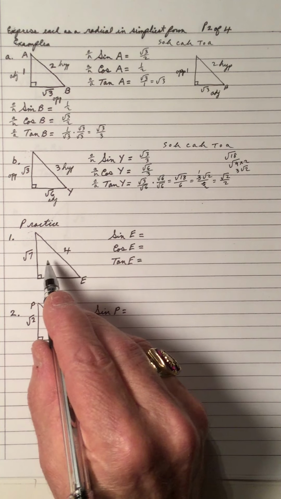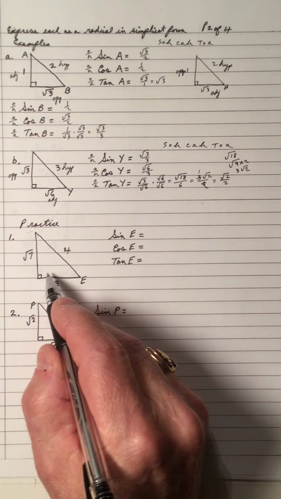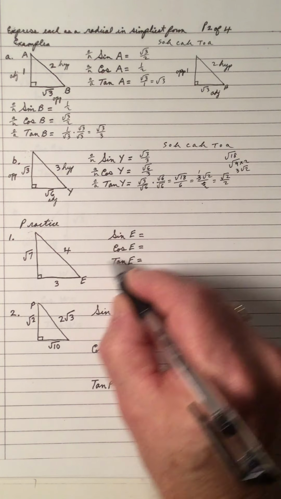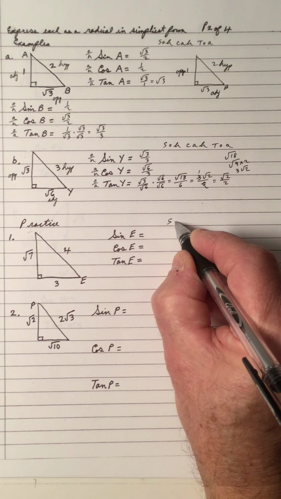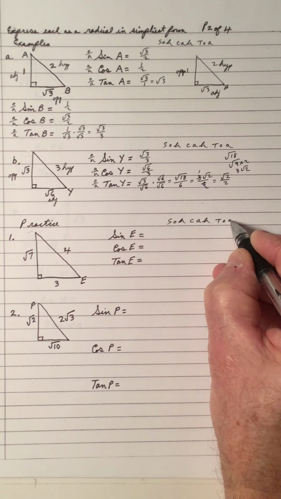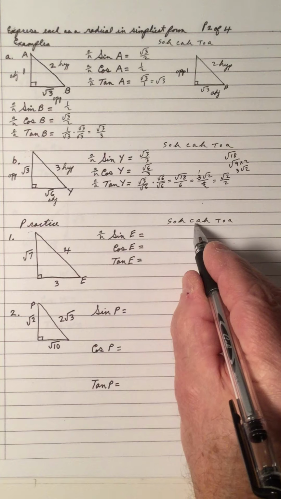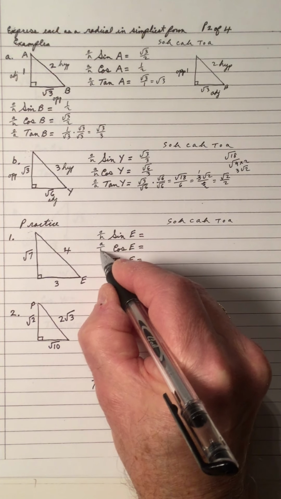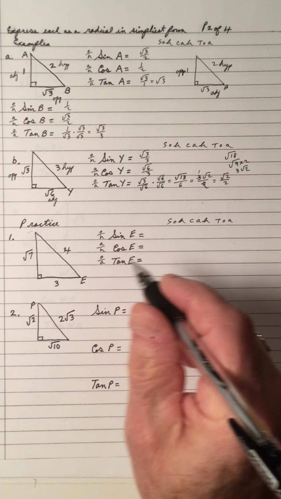Practice means pause the video and work each of these out. Again, all the sides are here, and I have to do angle E, which is this one. I don't have to worry about this other one. SOHCAHTOA. Sine is opposite over hypotenuse. Cos is adjacent over hypotenuse. Tan is opposite over adjacent.